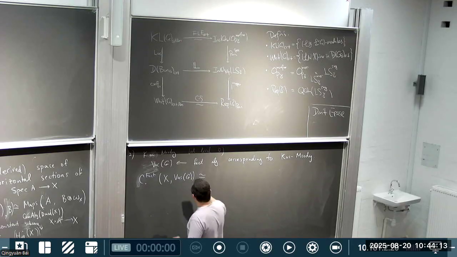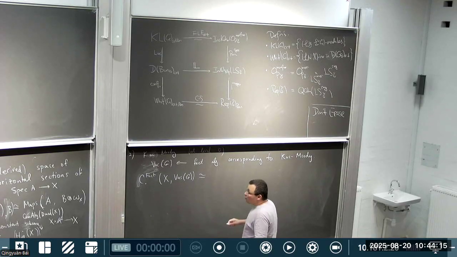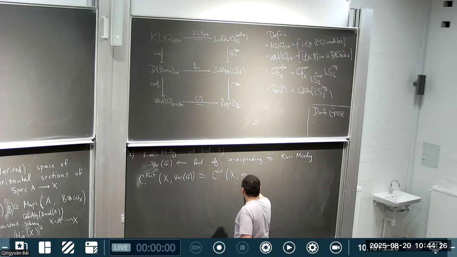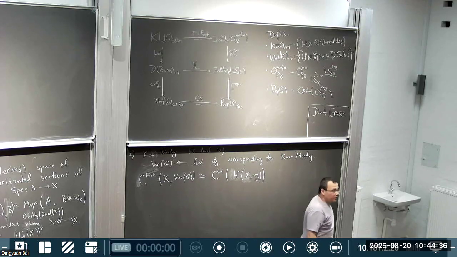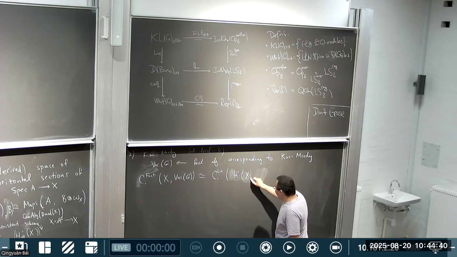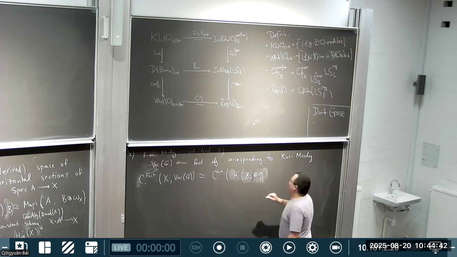of G. Now we're going to see connections with Sam's talk. It's the Lie algebra homology of the coherent homology of X with coefficients in this, which is more explicit.